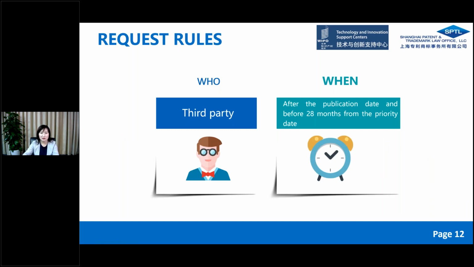As in China, the person making the observation may indicate that they wish to remain anonymous. A third-party observation may be submitted at any time after the publication date of the international application and before the expiration of 28 months from the priority date, with the application not withdrawn or considered withdrawn.